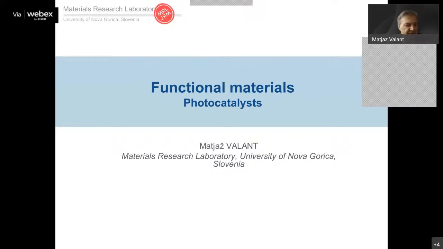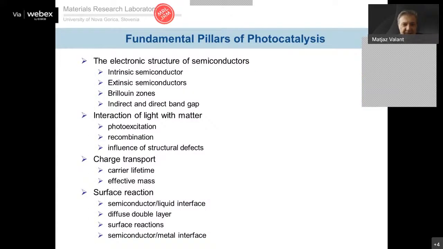So we will certainly talk about the interaction of light with matter, especially interaction of light with semiconductors. For that reason, I think it is quite useful if we repeat a little bit about the electronic structure of semiconductors. We will define Fermi level and Brillouin zones, and we will talk about two different band gap structures.